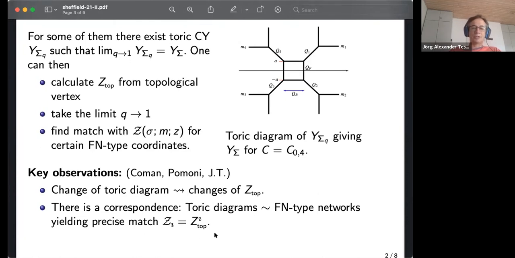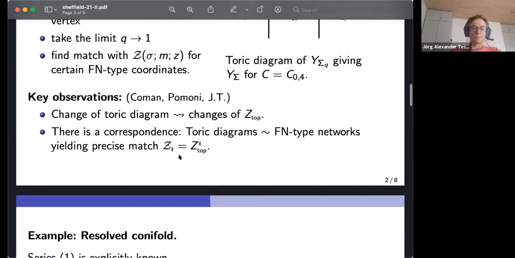What got a good part of our story started was the observation that we can set up a nice dictionary between toric diagrams and Fenchel-Nielsen type networks in such a way that we find a precise match, namely the z_i's, which are the expansion coefficients of tau functions, are exactly what we get from this calculation via the topological vertex.